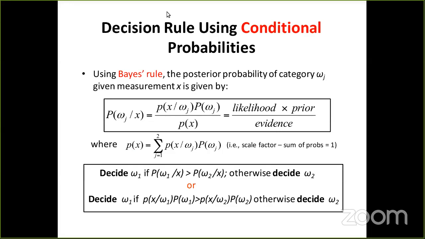If you compare p of omega 1 given x and p of omega 2 given x, both are divided by p of x, so that will basically just vanish from both sides. All you have to compare is the numerators, which is p of x given omega 1 times p of omega 1, and compare it to p of x given omega 2 times p of omega 2.